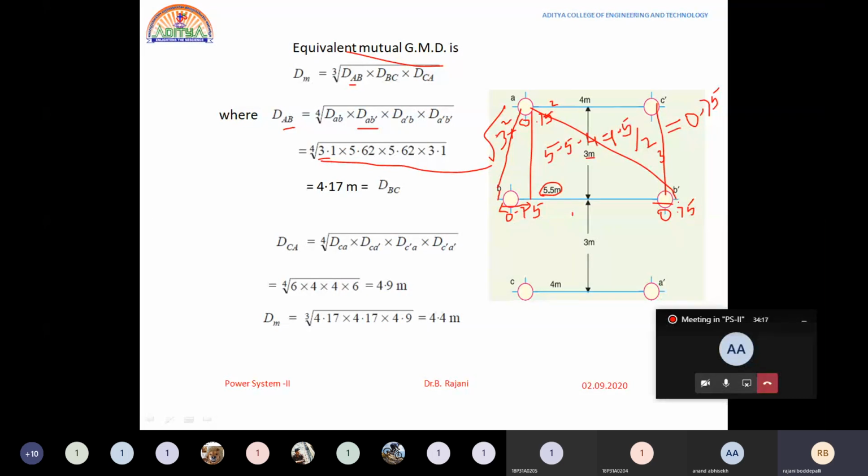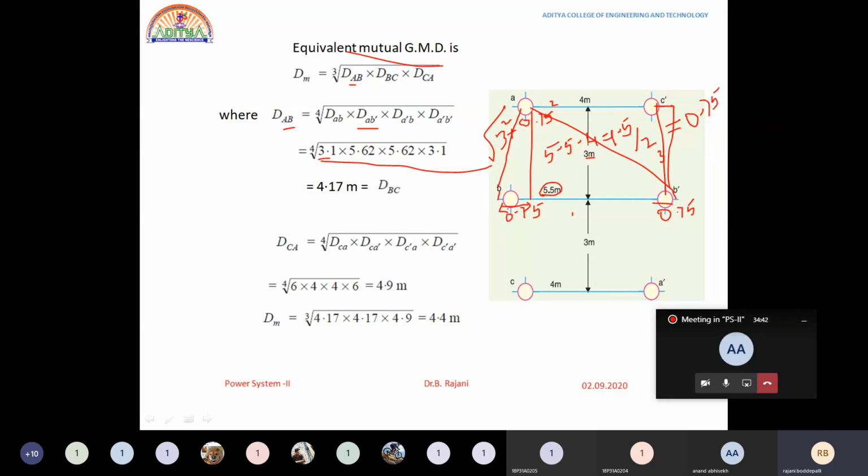This distance is nothing but the 3 meters length, and this point is at a distance of not 4, it is 4.75. What is the total distance? It is 4 plus 0.75 we have to add. Why? Because this conductor B dash is at a distance of 5.5.